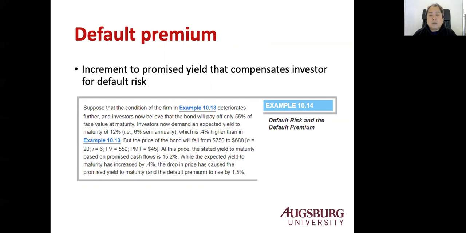So if the default risk changes, and you require more or less default premium, the bond price changes too. This is another factor that changes the price of the bond, not just the interest rate, but also the probability of default. If the probability of default increases, then you require a higher default premium, and you have a lower price basically.